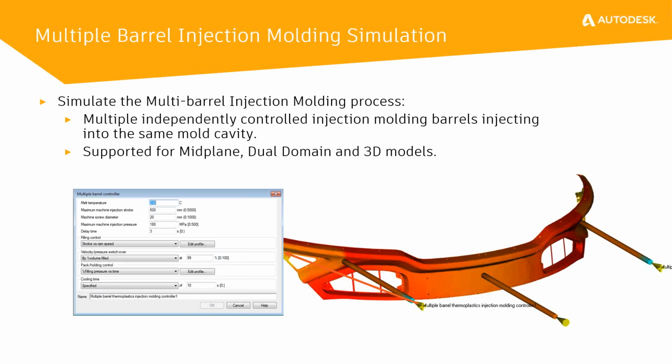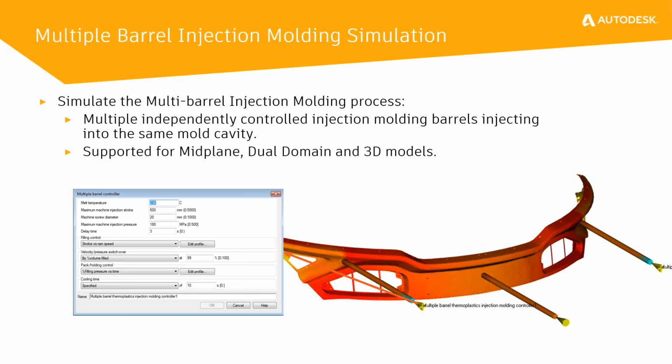The process basically means that you have multiple injection units injecting straight into the part. So it's one cavity injected with multiple injection units that can be controlled completely individually. They can have different melt temperatures, different injection profiles, different barrel sizes and such.